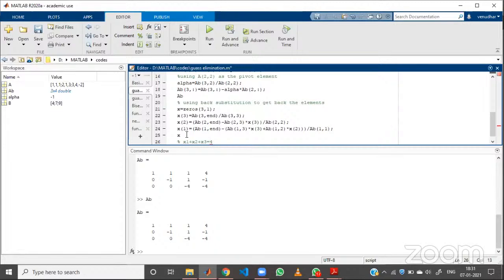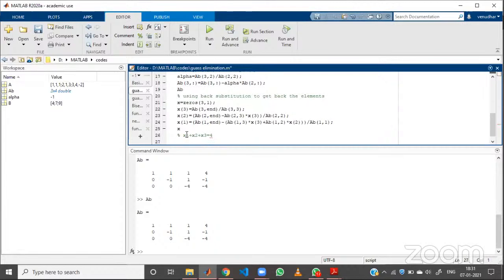And what is the other equation? The other equation will be free from x1. It will only have x2 and x3: minus x2 plus x3 equals -1.